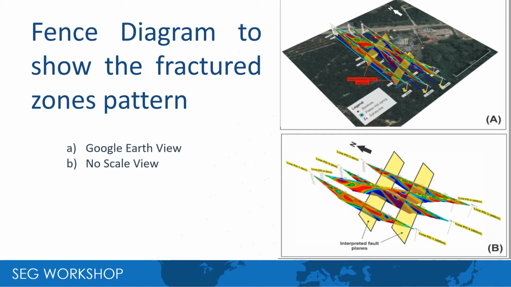Alright, this one we share with all participants today, a fence diagram, where we compile all 4 survey lines, and we can see the pattern of the fracture system at the Pedas hot spring area. For figure A, the Google Earth view, this is the existing hot spring, and the previous work is located here.